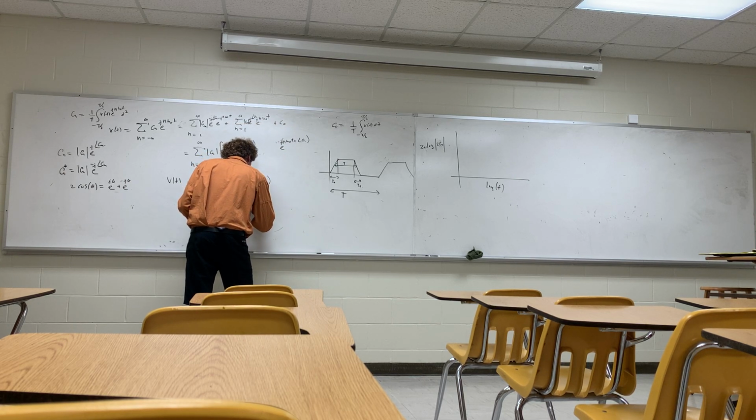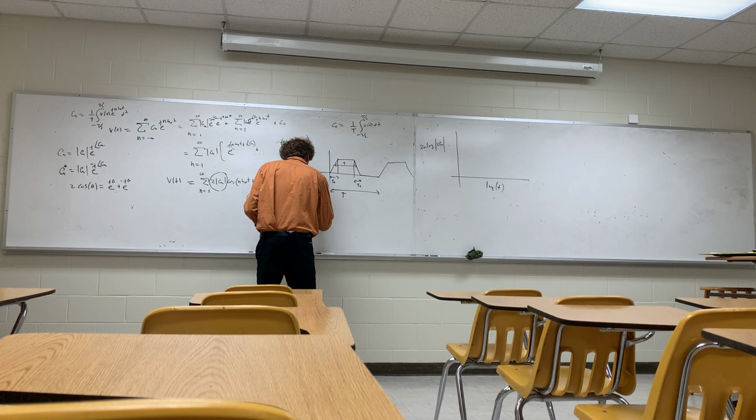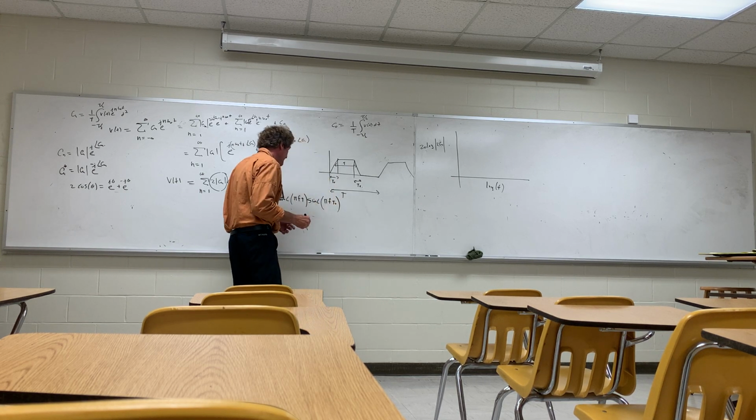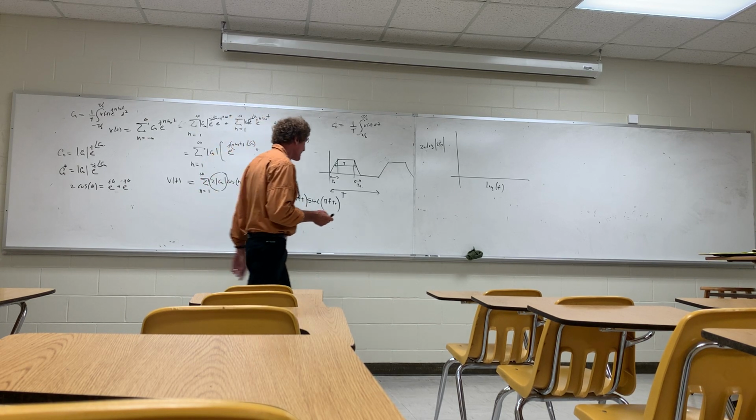As the form c of n is equal to A times tau over T times the sinc of pi f tau times the sinc of pi f tau rise. What happens is what was n omega naught got replaced by 2 pi times f naught, and then you let n f naught become f. And so this is just the envelope of the worst case stuff.